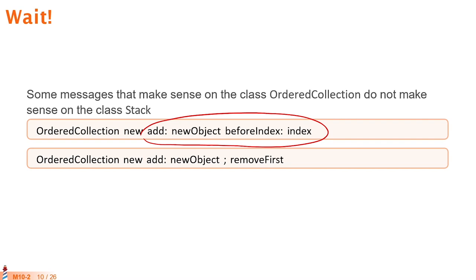This breaks the stack completely. And the same happens if we can add elements at the end, or remove elements from the top using remove first directly, or remove any of the elements inside. So all these methods break our implementation of a stack.